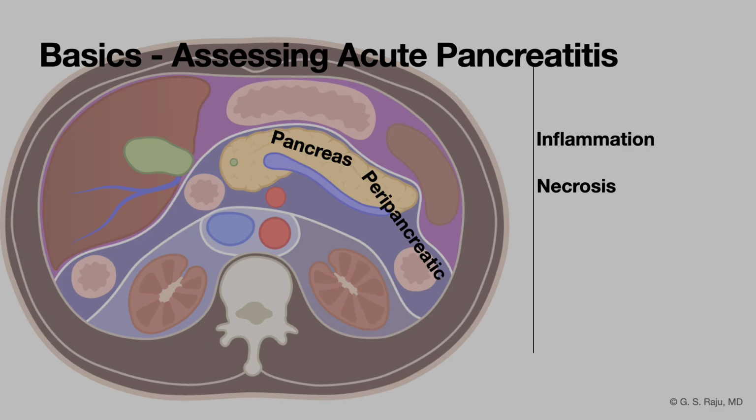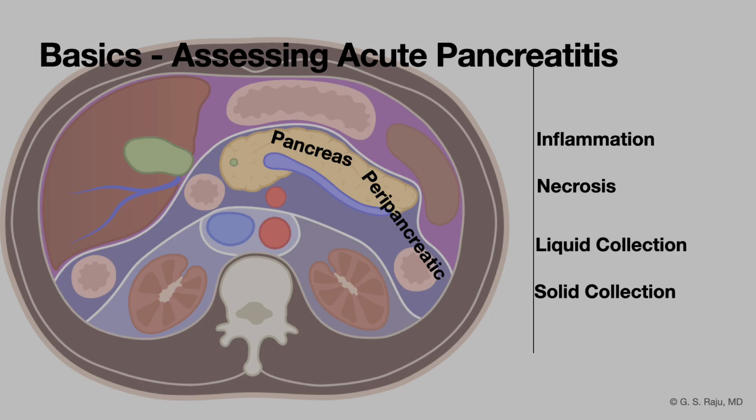Then in every form of pancreatitis, you are going to see liquid collection around the pancreas. And there may be a component of solid collection if there was necrosis. So when you look at the CT, you want to ask, is this just interstitial pancreatitis because of just inflammation with no necrosis and no liquid collection?